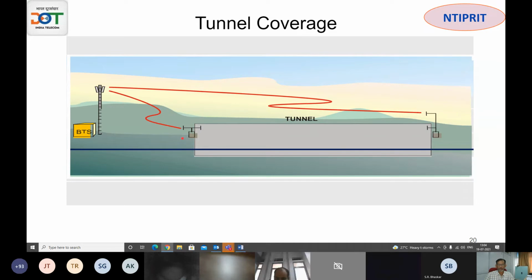This is a very specialized area where people put punctured feeder cable, or run fiber across the tunnel and provide coverage from both ends. Generally, the railway administration maintains the physical aspect of the tunnel, and the technical managing is done by the operator. This in itself is a very interesting topic.